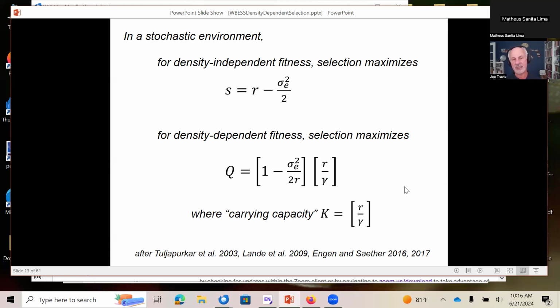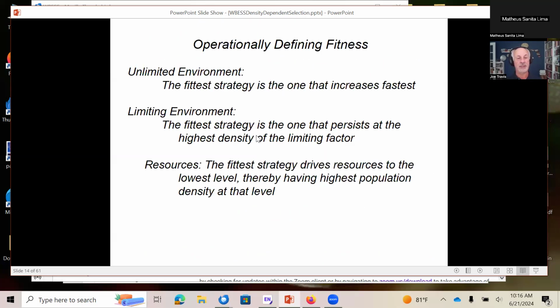Now, this theory is agnostic to the ecological source of selection. So, for example, we say the fittest strategy is the one that persists at the highest density of the limiting factor. When resources are limiting, such that you have intra-specific competition driving natural selection and the limiting factor for the population, the fittest strategy drives resources to the lowest level, thereby having the highest population density at that level.